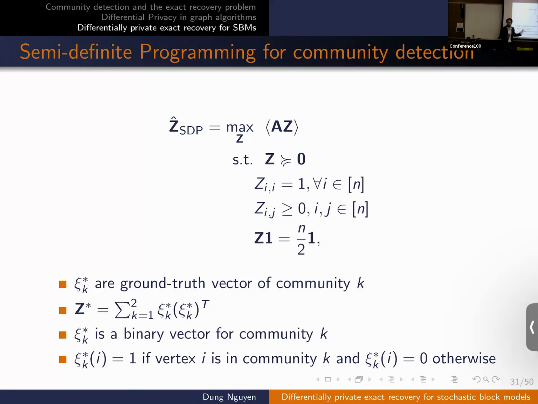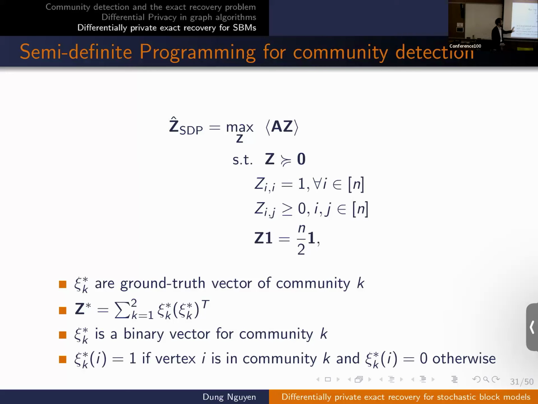So we use this semi-definite program as a platform. This program is guaranteed to output the minimum bisection count of the input graph G, and we will analyze this semi-definite program for the exact recovery problem.